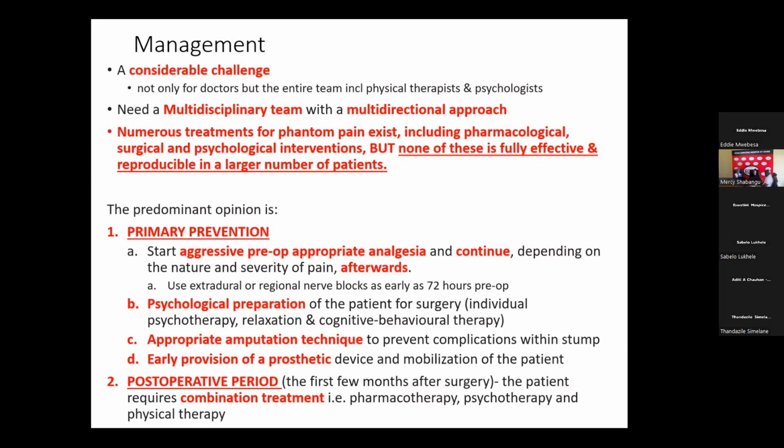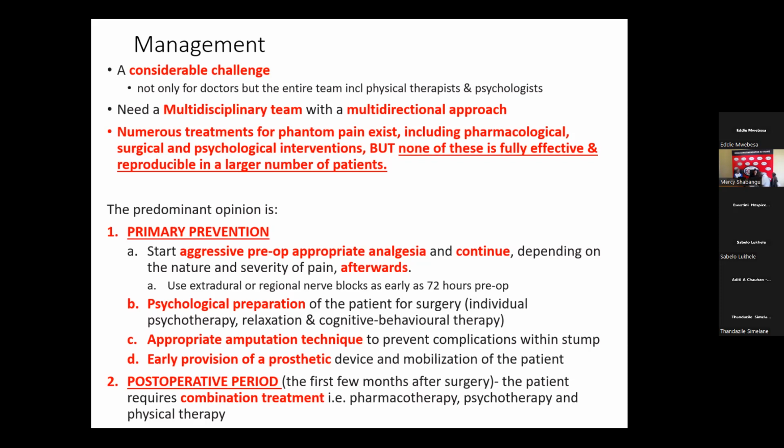So pre-surgery anesthesia should be done, especially if it can be regional as opposed to other forms of anesthesia. So rather than giving a systemic painkiller, if you are able to do regional blocks, that is very, very good. It will help to reduce the chance that phantom phenomenon occurs.